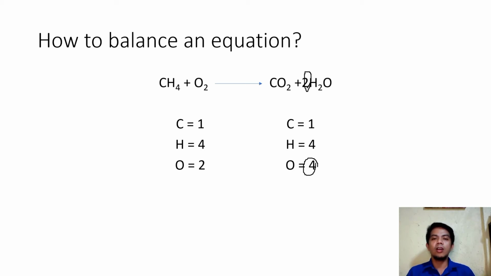So to balance the oxygen atoms on both sides, we need to put a coefficient of 2 in front of O2 in the reactant side. So 2 times 2 is equal to 4. So now the oxygen in both our reactants and product are balanced.